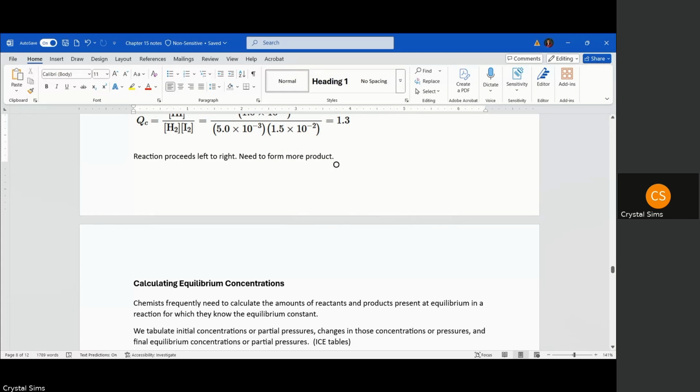If you know 3 of the 4 variables, you can always solve for the 4th. So we're going to set up our equilibrium constant expression from the balanced equation. Ammonia on top, exponent of 2 based on that coefficient. Nitrogen and hydrogen on the bottom, coefficient of 1 for the nitrogen, coefficient of 3 for the hydrogen.